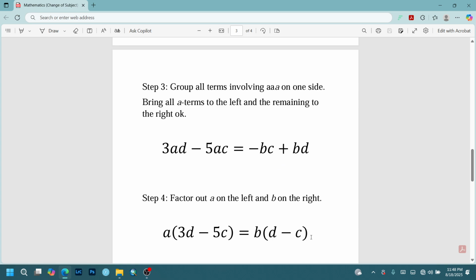B multiplying negative C will give us negative BC. Also, which number can multiply positive B for us to get positive BD?